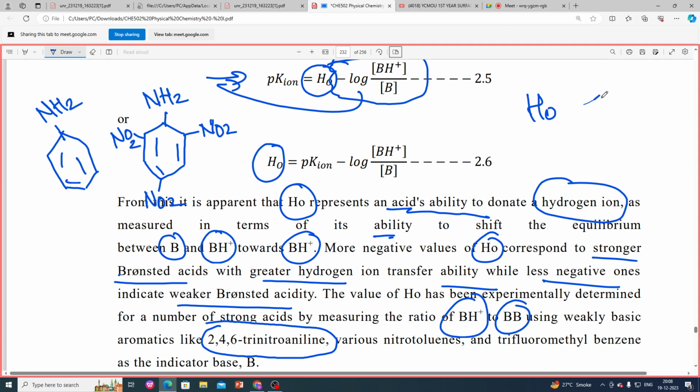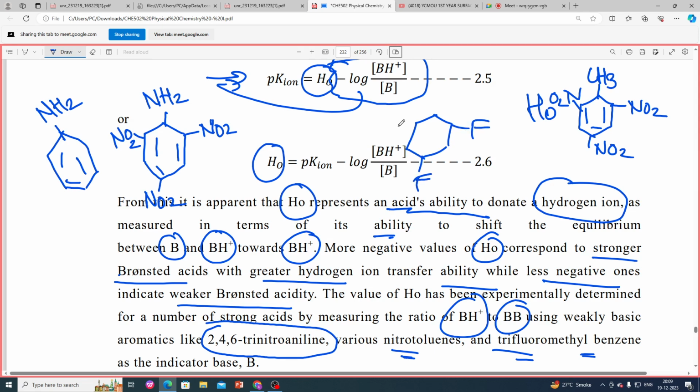Nitrotoluenes means that in toluene, instead of NH2 we have CH3. And various nitrotoluenes means the NO2 can be attached at any position. And a trifluoromethylbenzene. Now, how do we write trifluoromethylbenzene? CF3. There are 3 fluorines, 1, 2, 3 trifluoro, the methyl group and the benzene. So this is trifluoromethylbenzene.